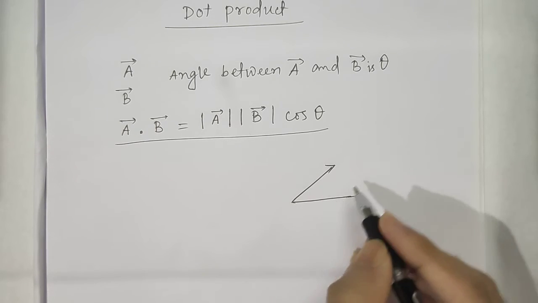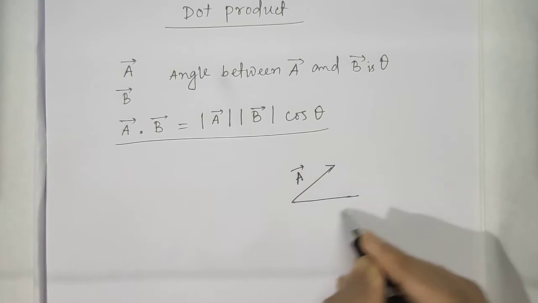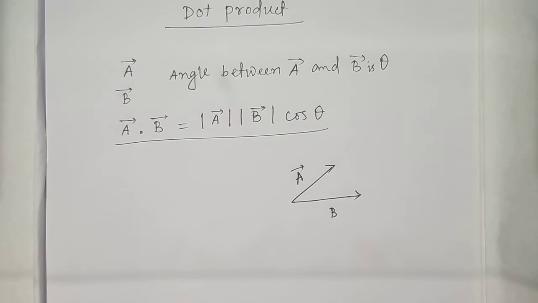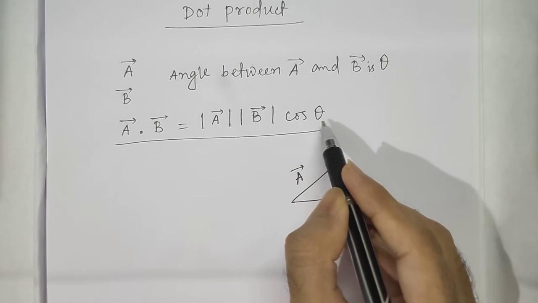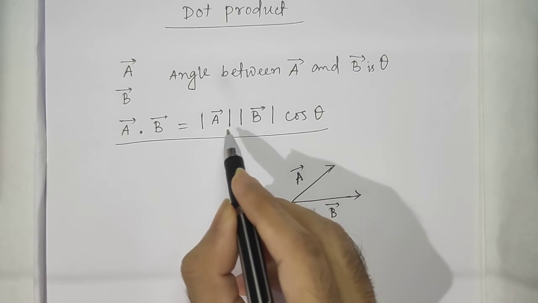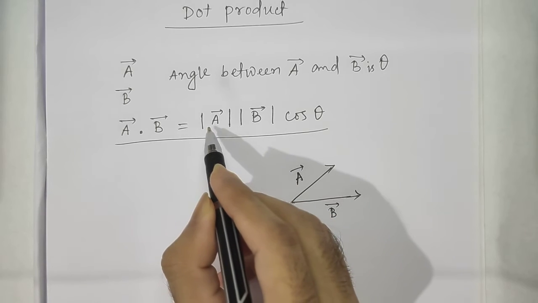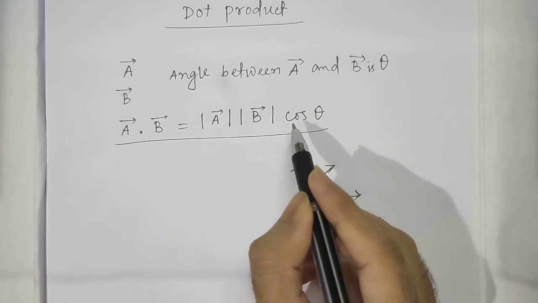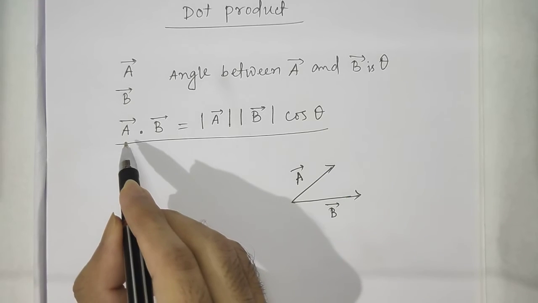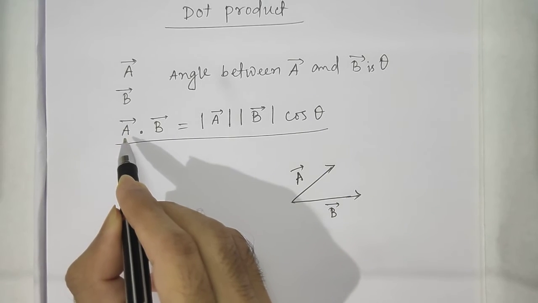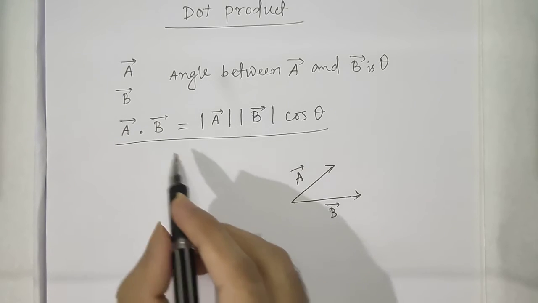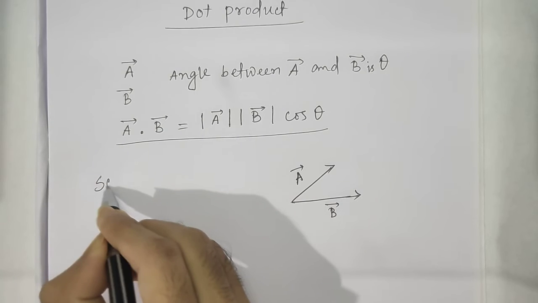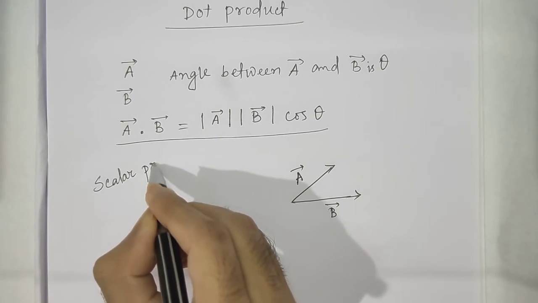So this is vector A and this is vector B. Now what I have written here is modulus of A, modulus of B and then cos theta. It is very interesting that all the terms here are not vectors, they are all scalars. So the dot product of vector A and vector B is a scalar quantity. That's why it is often called the scalar product.